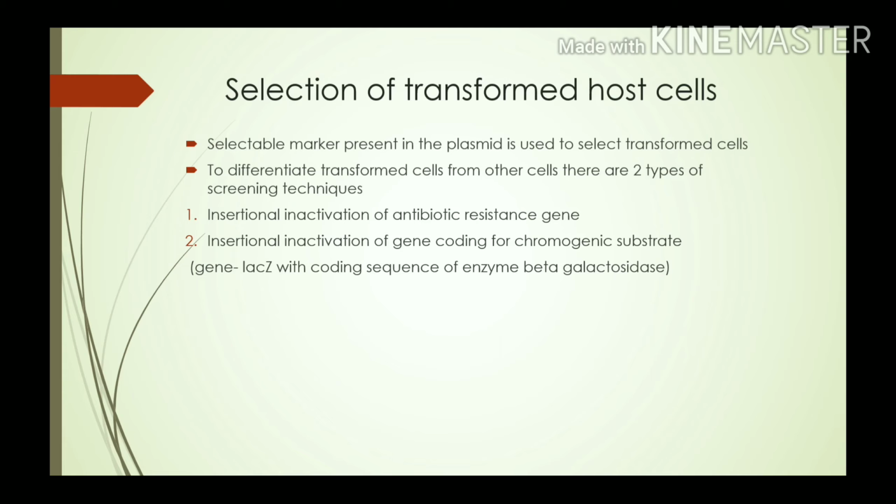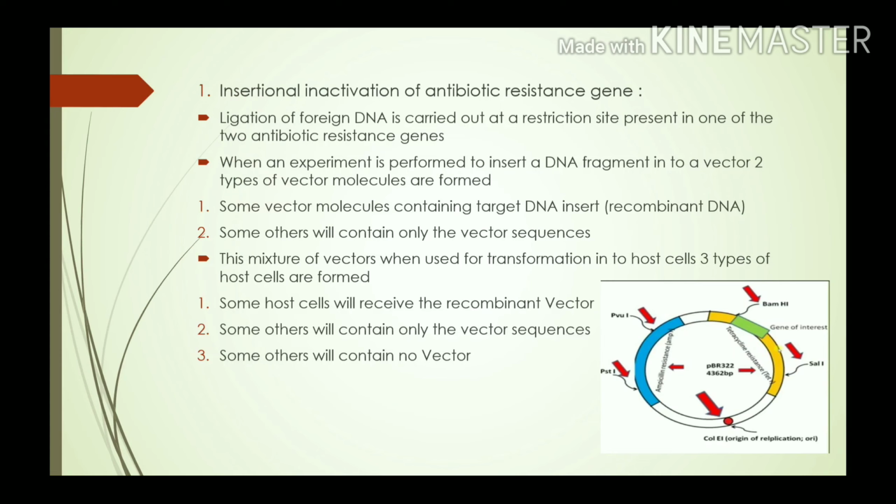So chromogenic substrate is nothing but a group of peptides which react with the proteolytic enzyme and produce a color. So insertional inactivation of antibiotic resistance gene. Ligation of foreign DNA is carried out at a restriction site present in one of the two antibiotic resistance genes.